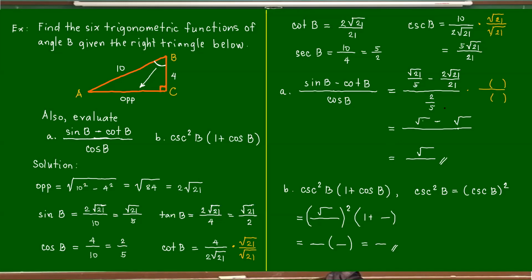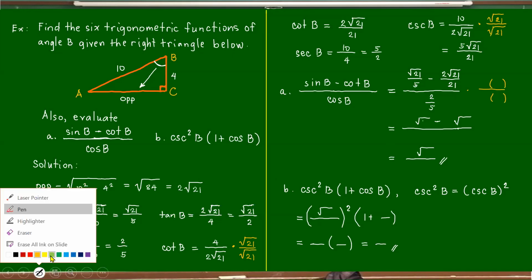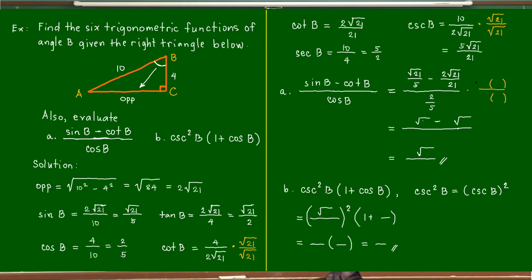Or another way is to use the fundamental principle of fractions. You can simplify this by multiplying both the numerator and denominator by a number that will make them free of denominators, that is, by the LCD of all the fractions involved.